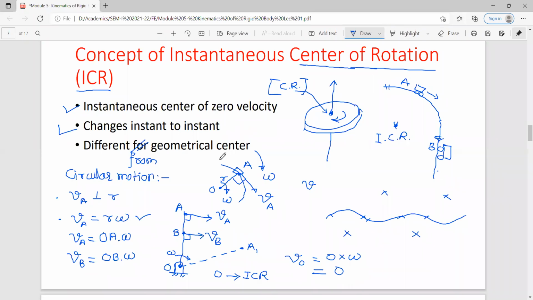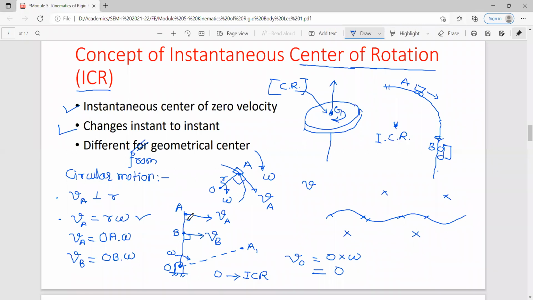So see, if we consider this disk, say the disk is uniform and symmetrical, then in this case its center of gravity, point G, and the ICR will both be at the same location in this particular case of the disk.